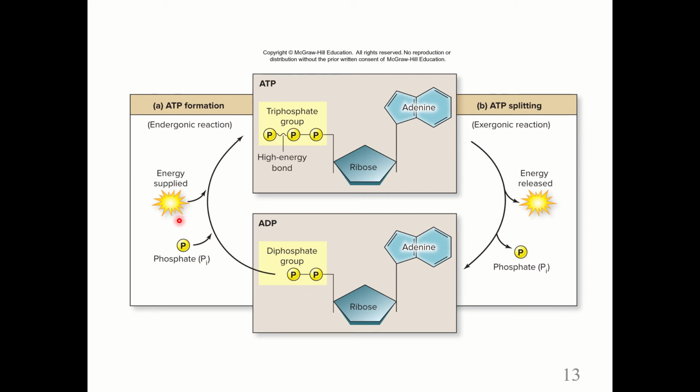This is where cellular respiration comes in. It uses energy provided from the oxidation of carbohydrates, proteins, and lipids to supply the energy necessary to join the inorganic phosphate back to a molecule of ADP. And there we return to our ATP molecule, and the cycle can begin again.